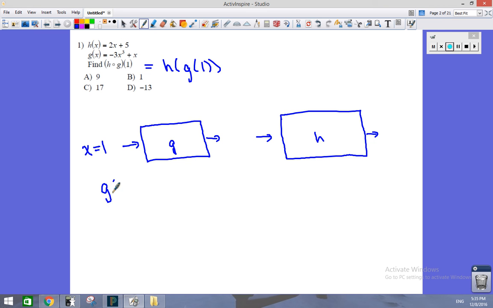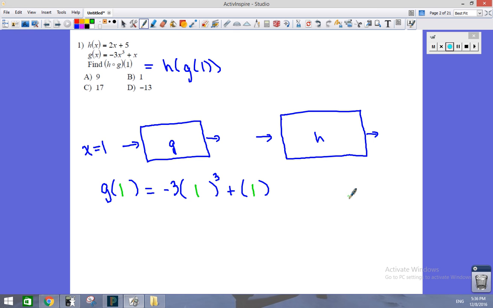G takes whatever you give it and creates an addition problem, where the first term is -3 times the input cubed, and then you add the input. Sometimes the input is some crazy expression, but here it's just a number.